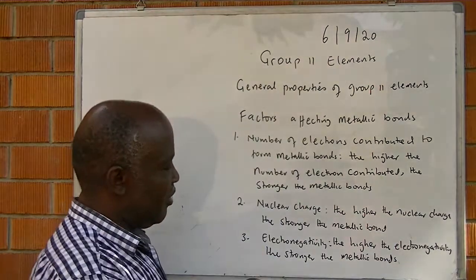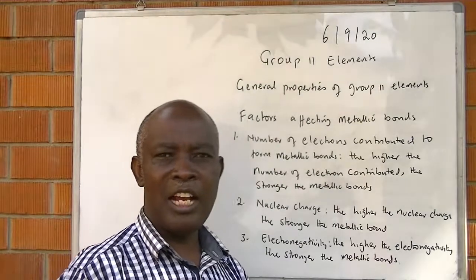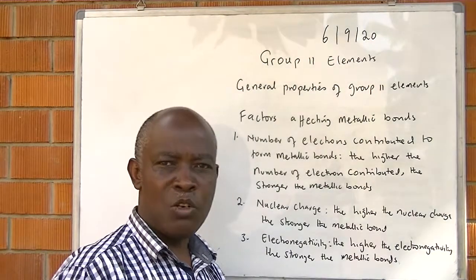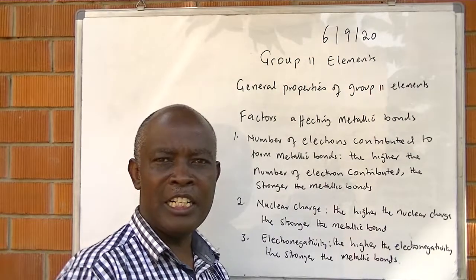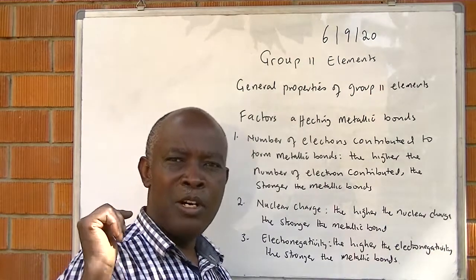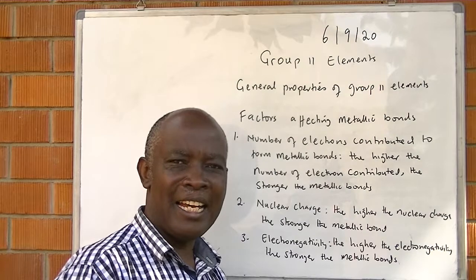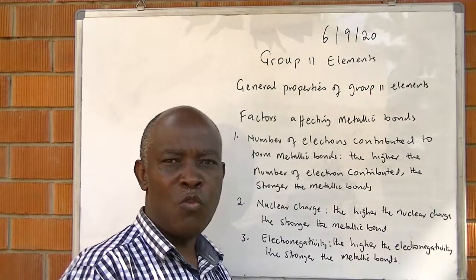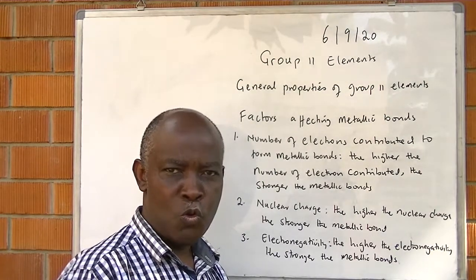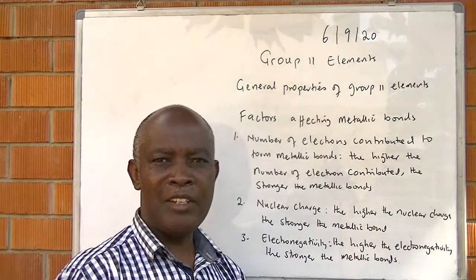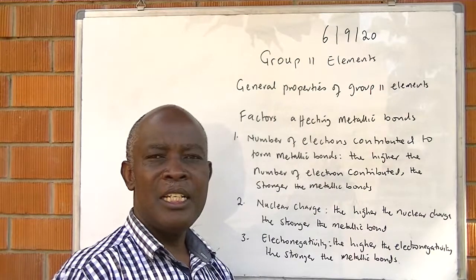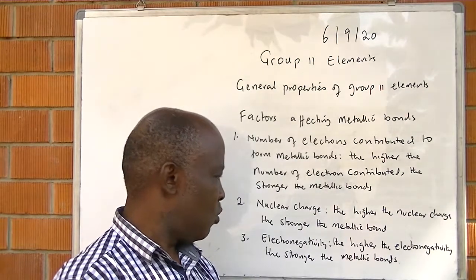Then electronegativity, the higher the electronegativity of the atom, the stronger the metallic bond. This explains why the boiling point of beryllium is higher than the rest of the elements in group 2, because beryllium is more electronegative than elements in the group 2.